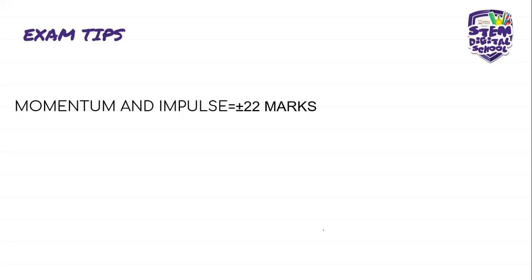Secondly, you will get a formula sheet. And in your formula sheet, you will get formulae that fall under forces. And those formulae will include the formulae for momentum and impulse and so on. And you must be able to use that altogether. You will see that P is equal to mv.